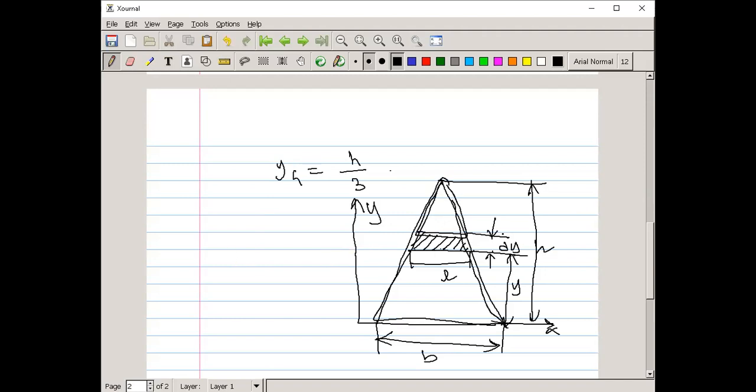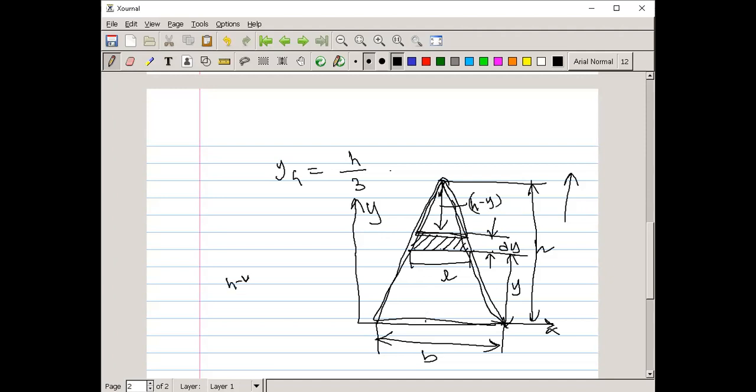We can write along y, along this direction, the total height divided by, for this triangle, how much height is this? This one is nothing but h minus y, this portion, right?